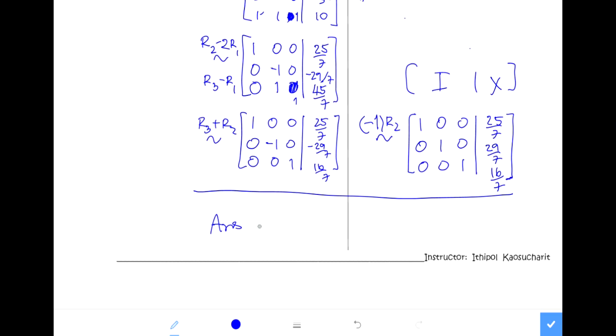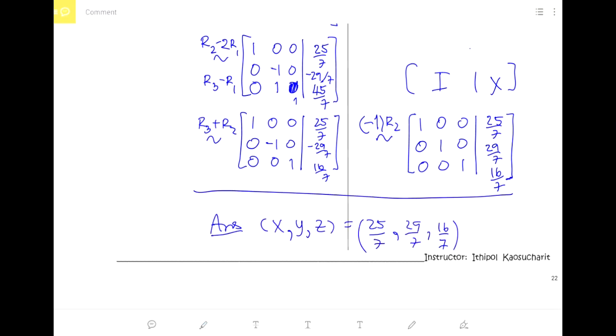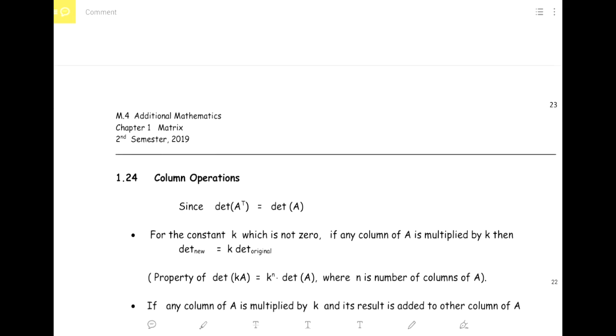The other triples, not triplets, other triples, are going to be 25 over 7, 29 over 7, and then 16 over 7, respectively, like this.